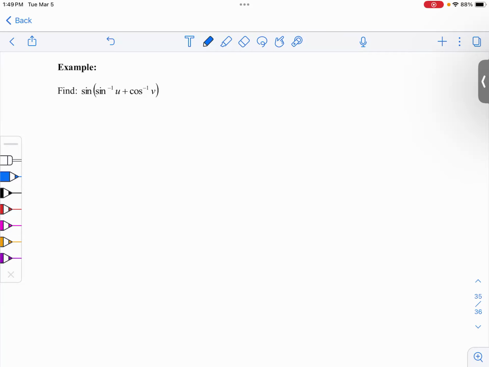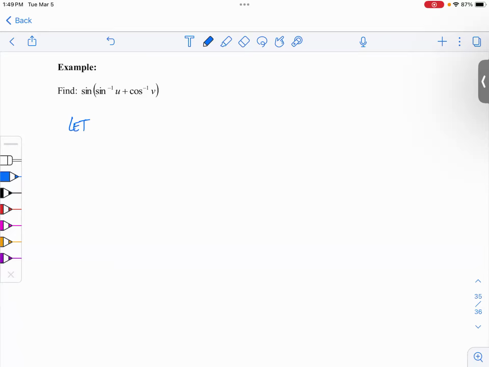It's not quite isolate, but what if it was just sine inverse of cosine inverse of v? What were we doing before? We've let theta equal over. Well, now you have 2 of them, we just let each one of the inverses be an angle. And that's basically the whole concept.